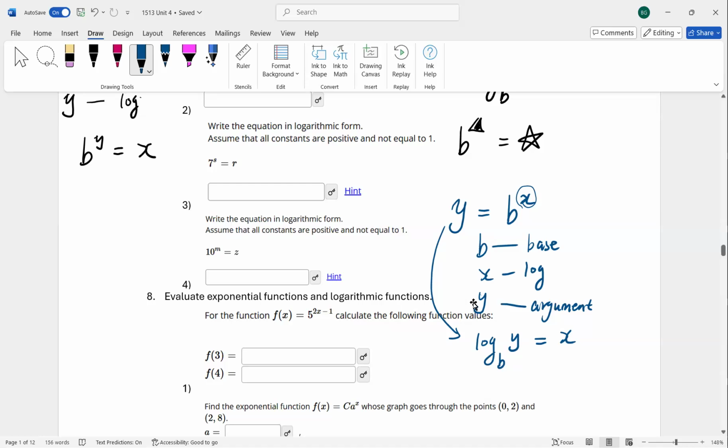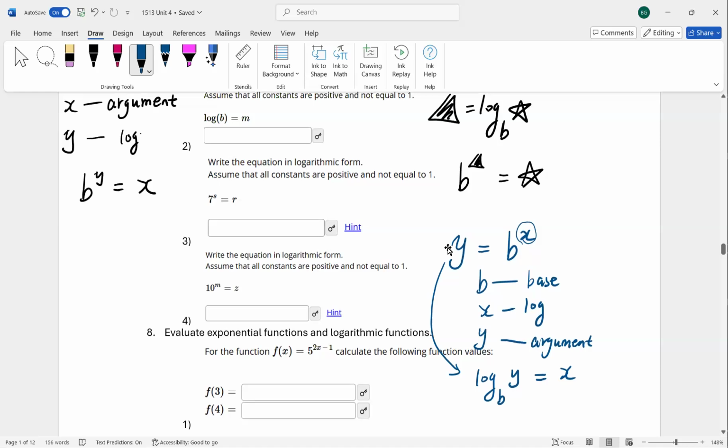Thank you. And one thing I want to point out, which is very important, is the argument. In the exponential form, the argument is the y, the exponential function. Y equals b to the power of x. You know, b to the power of x can never be negative.